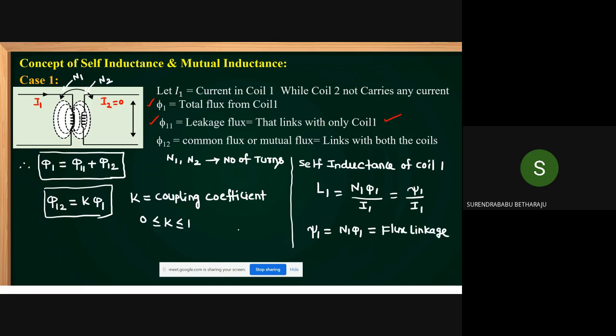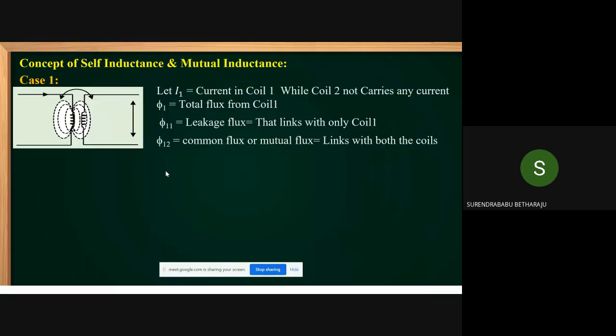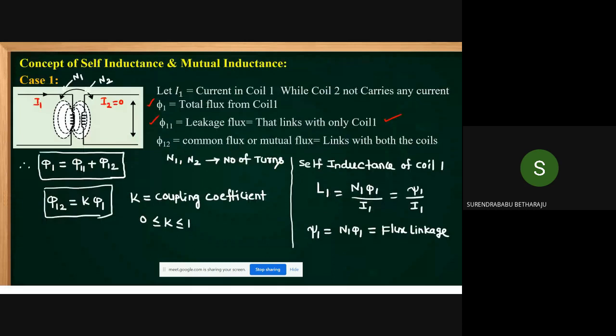Then we can also define the mutual inductance. Here I am defining M12, the mutual inductance of coil 2, because coil 1 is carrying the current. That's why there is a mutual induced EMF in coil 2.